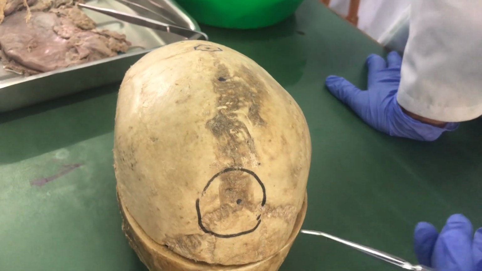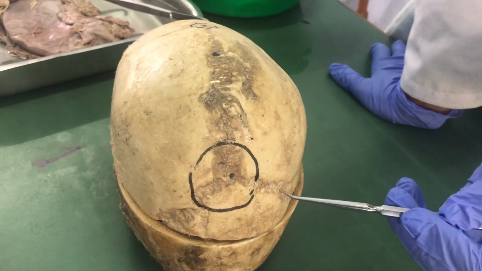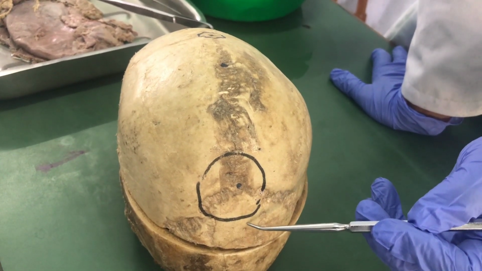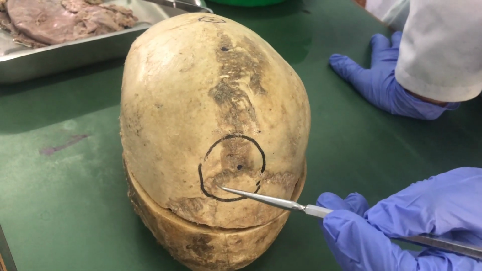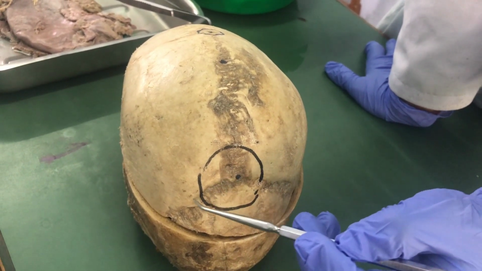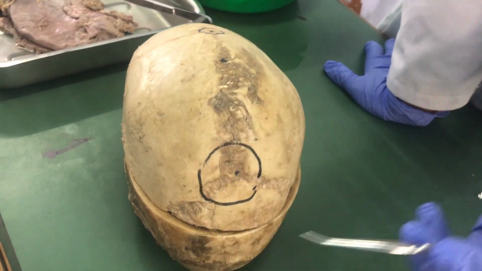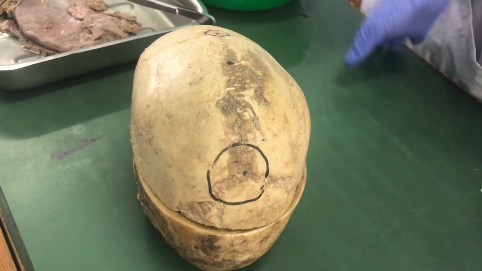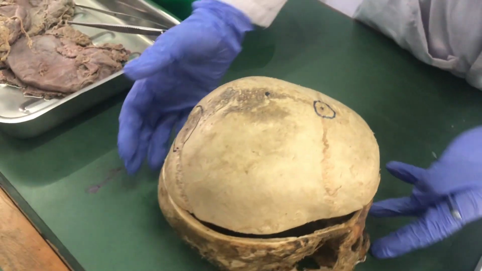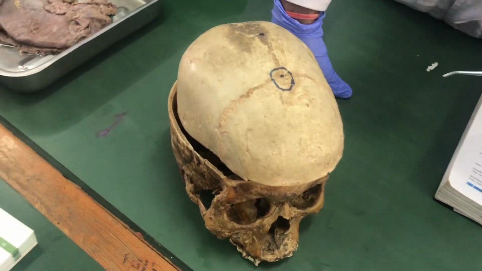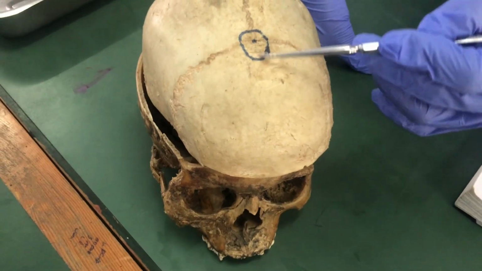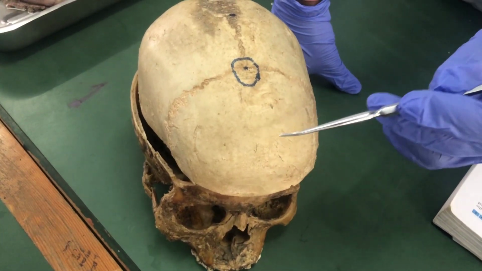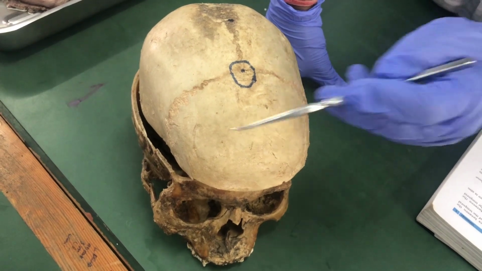It is present posteriorly between the occipital bone and two parietal bones. It runs downward and forward across the cranial vault. In 3 to 8% of individuals, metopic suture is present. It lies in the median plane and separates the two halves of frontal bone.